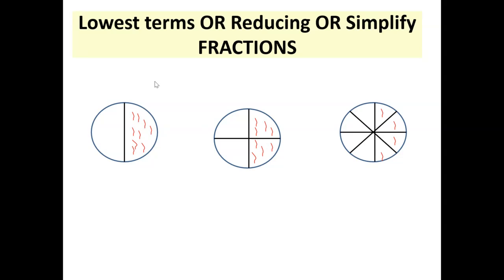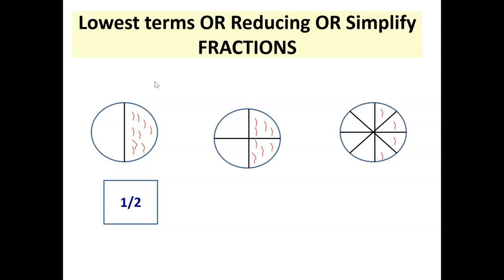In the middle pizza, I have 4 slices. And in the last one, I have 8 slices. If I'm only eating the cheese in the first pizza, out of the 2 slices, I will eat 1.